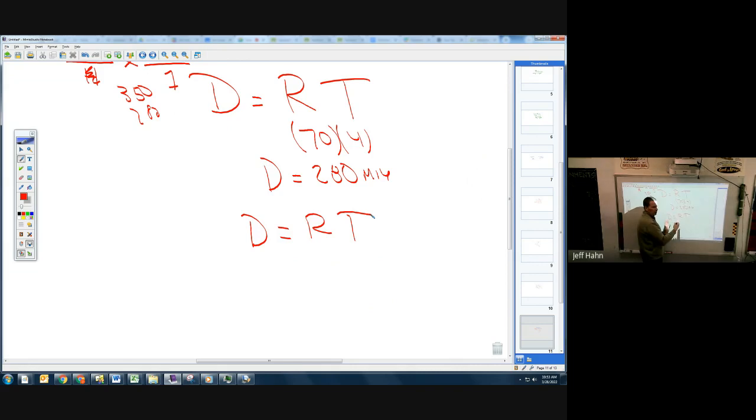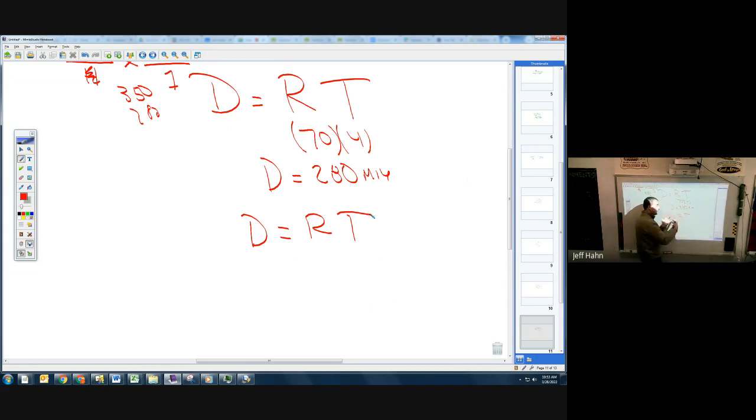Well, it's just like formulas. If I want to solve this equation for the letter t, what do I have to get rid of? The letter r. And this is r times t. What's the opposite of multiplying? Dividing.